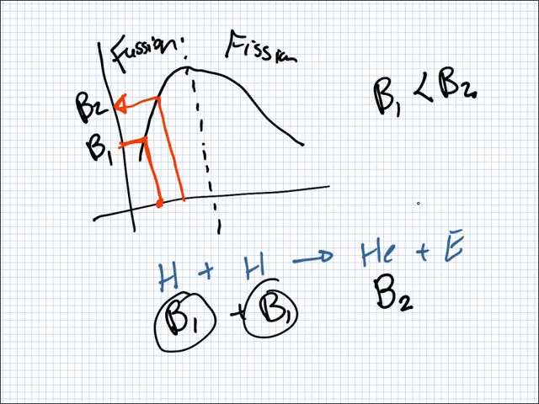Let's think about this. We get this energy because the mass is less. Jeepers, Ben, I don't know.